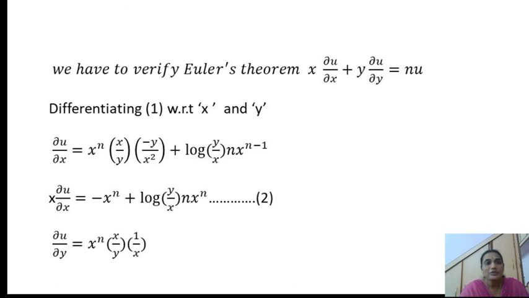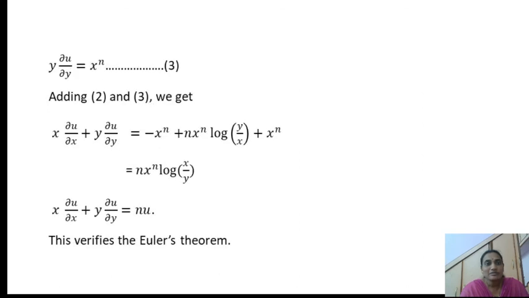Next, similarly, ∂u/∂y is equal to x to the power of n into x by y into 1 by x. Next, multiplying that equation throughout by y, it becomes y into ∂u/∂y is equal to x to the power of n. Call this equation number 3. Now, adding these two equations, equation 2 and equation 3, we get x ∂u/∂x plus y ∂u/∂y is equal to minus x to the power of n plus n x to the power of n log of y by x plus x to the power of n.